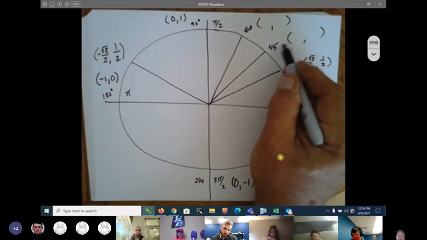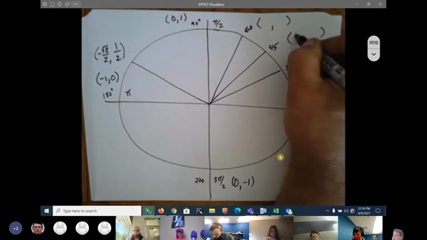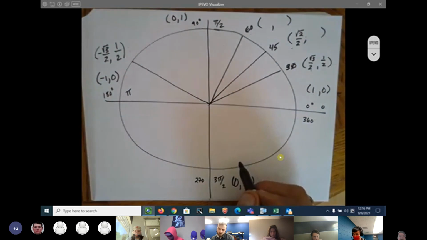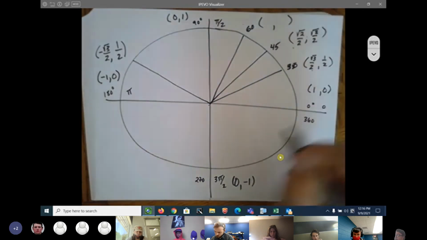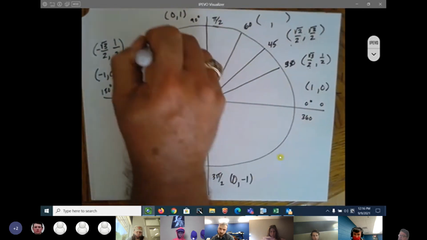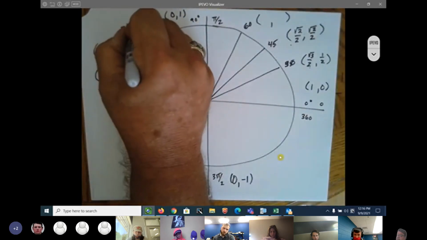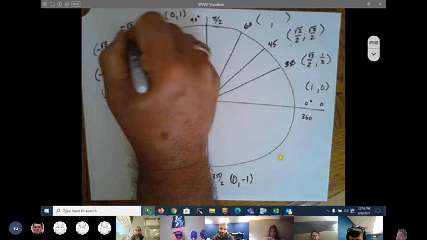What is the cosine of 45 degrees? Square root 2 over 2. What is the sine of 45 degrees? Square root 2 over 2. This one over here, that x is going to be negative, so that's negative square root 2 over 2, positive square root 2 over 2.